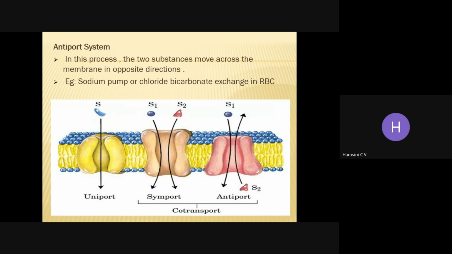Antiport, it is sodium pump or chloride bicarbonate pump. Write the examples. Co-transport, in the sense there are two transports, transport of two substances happening, so you call it co-transport. Please make a note.